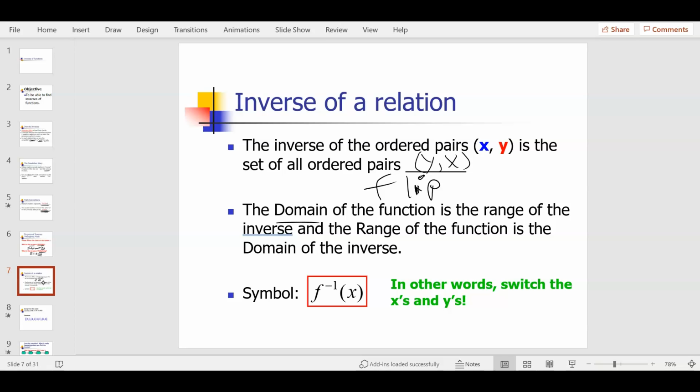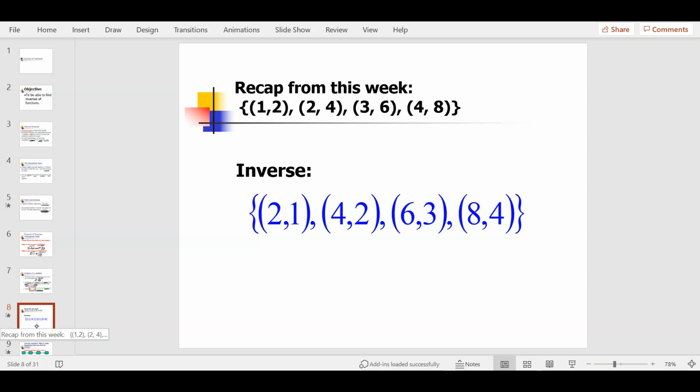Also, we know that the domain of a function is the range of the inverse, and the range of a function is the domain of the inverse. Makes sense because it just flipped around. And this symbol, f with the little -1, means f inverse of x. What we're going to do today is switch x and y, nothing new. Cool?